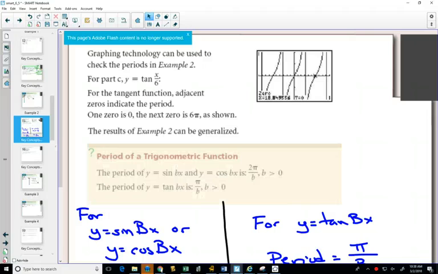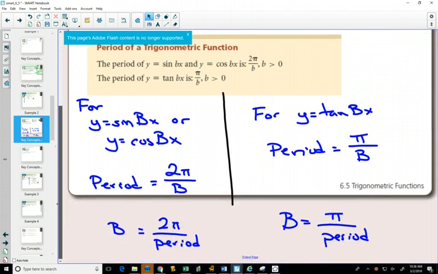Now at the bottom of the page here, there's a little thing that says the period for trig functions. What I would like you to write is there are 2 formulas for both sine and cos and 2 formulas for tan that are useful. These formulas are not on your formula sheet. But anytime you have sine bx or cos bx, you have a horizontal stretch or compression, which means that you multiply by the reciprocal.